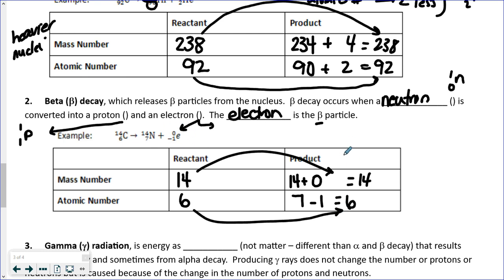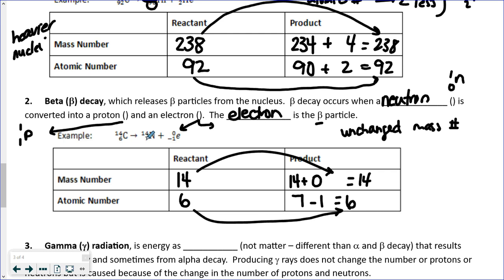So if we're trying to figure out what our other product is, sometimes you'll be given your full reaction, sometimes you'll have to figure out what the other product is, or even what the reactant is. So overall, this will have an unchanged mass number, but the atomic number will increase by 1. So this went from an atomic number of 6 to an atomic number of 7.